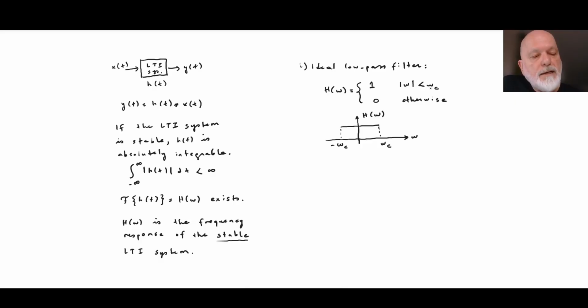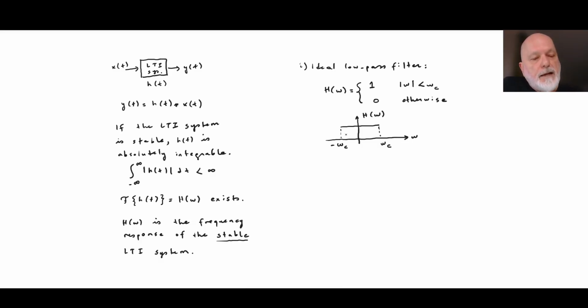So we have omega less than omega c for positive values of omega. When omega is negative, absolute value of omega is minus omega. So minus omega less than omega c means omega greater than minus omega c.